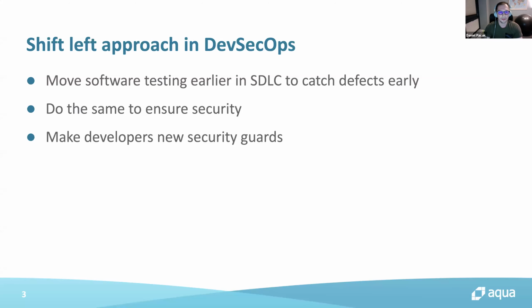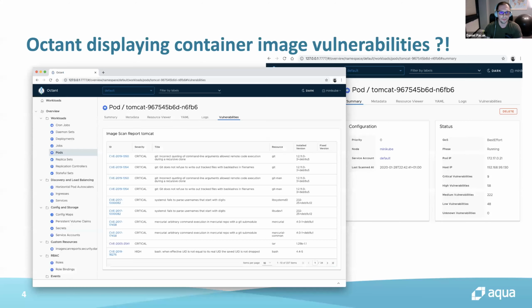So then I started thinking, let's say a developer is using kubectl. At some point he realizes, okay, I want to see the whole application, what's happening here and there. And since Octant is a wonderful tool for me, and it's very fast and displays standard Kubernetes resources, statuses, containers, why not display vulnerabilities, right?